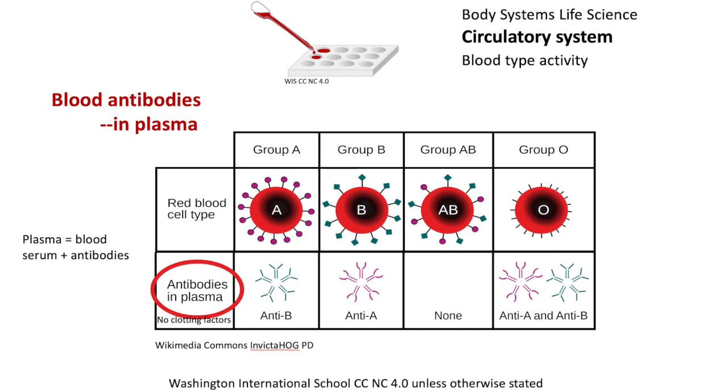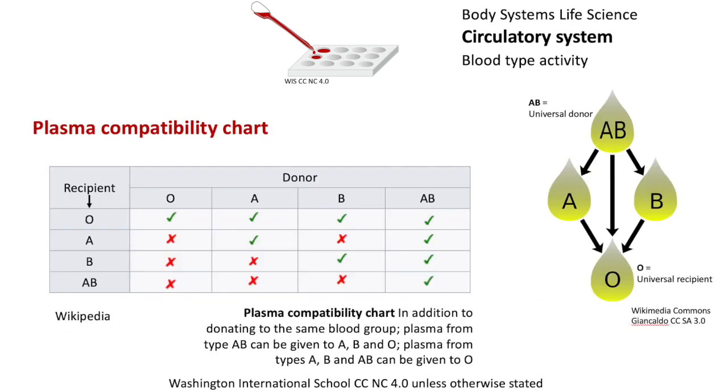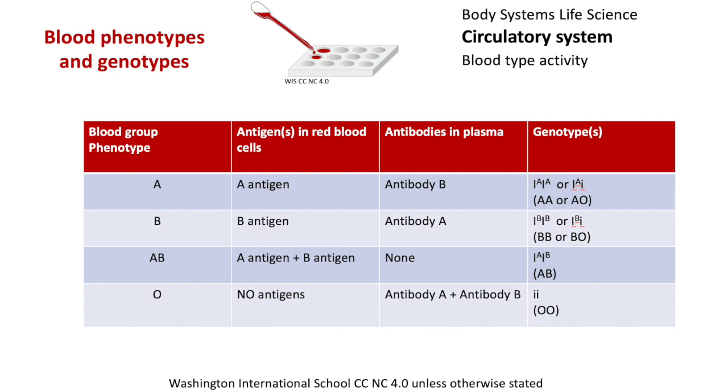Plasma is the serum with the antibodies in it, and here you'll see group O actually has anti-A and anti-B, and group AB has neither of those antibodies. If you're having a transfusion of plasma, AB is now the universal donor and O is the universal recipient. And look again at that compatibility chart.